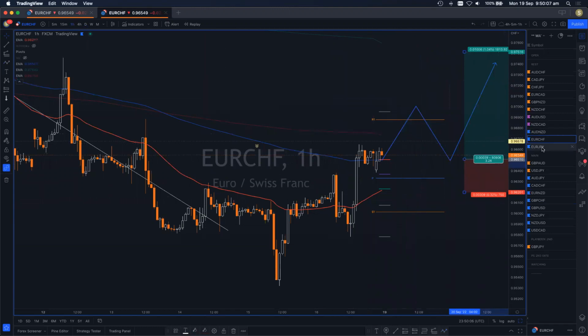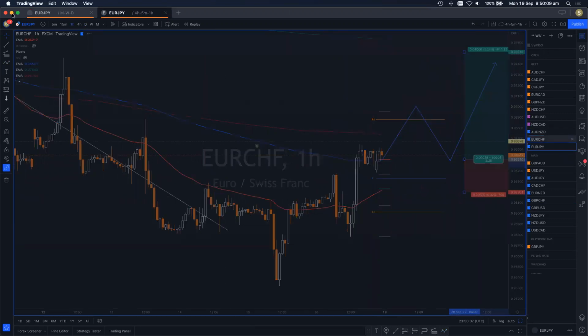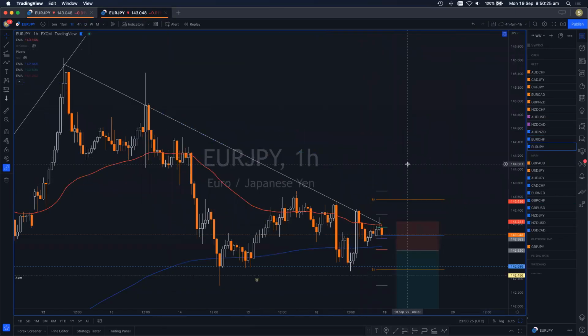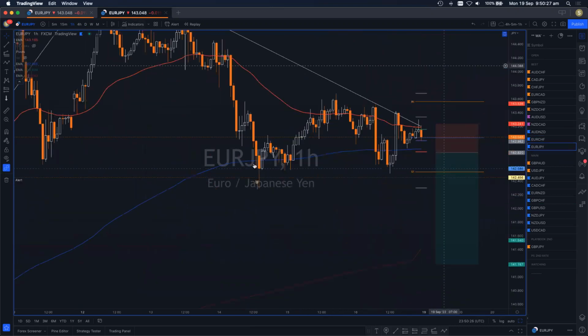All right, Euro Swiss, keep an eye on that one, and Euro Yen, the last one we'll go through. Again, we've got some topping action here, some good rejection at this level up here, some bearish price action, and on the hourly, we're looking for a short. So what do we have? A break of the 1-hour 50 up here, finally a pull back.